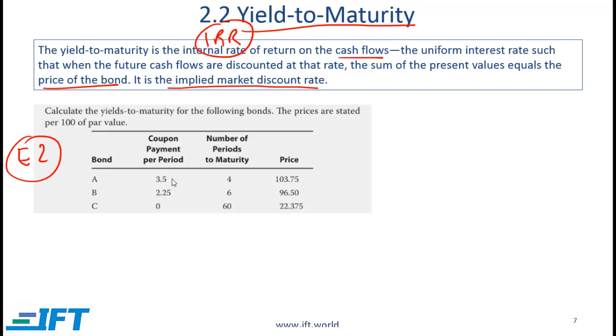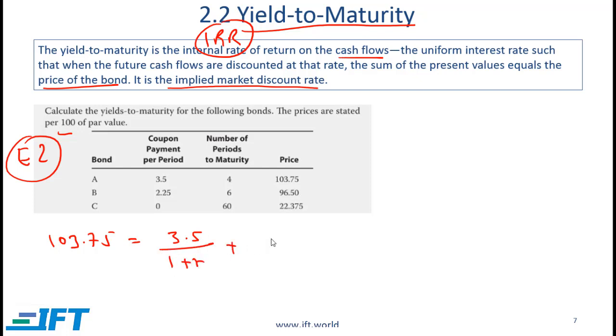So what we are saying is that the bond price, 103.75, is equal to the present value of the coupon payments and then the final par value. If we have 4 payments, the first payment is 3.5, so we'll discount 3.5 at a certain rate.